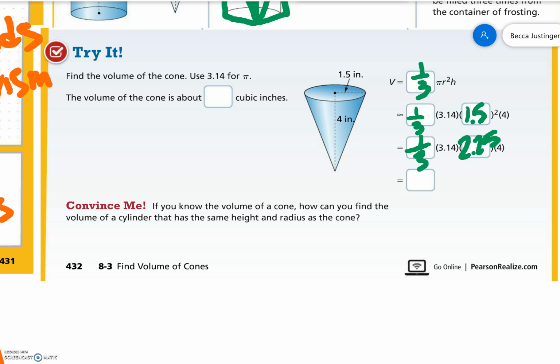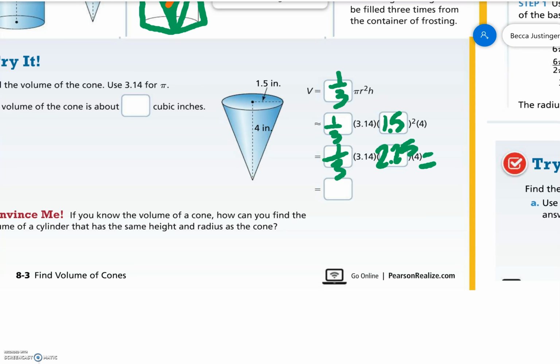So I'm going to do 2.25 times 3.14 times 4 times 1 is equal to 28.26. And then I can multiply, because this is all fractions. So this I could put over 1 over 1. 3 times 1 times 1 is 3. So my last step is just to divide that by 3 and get 9.42 inches cubed.